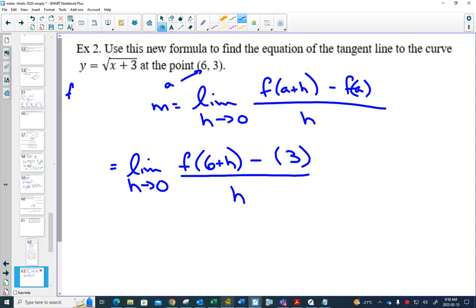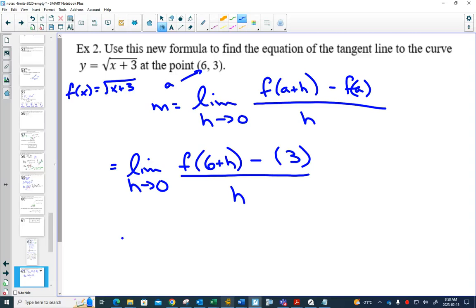Right? Same thing. You've got your equation. You can think of this as f of x equals square root of x plus 3. You know that f of 1 would plug in 1 for x. F of 10, plug in 10 for x. It might get a little messy, I don't know. But you can plug in 6 plus h.